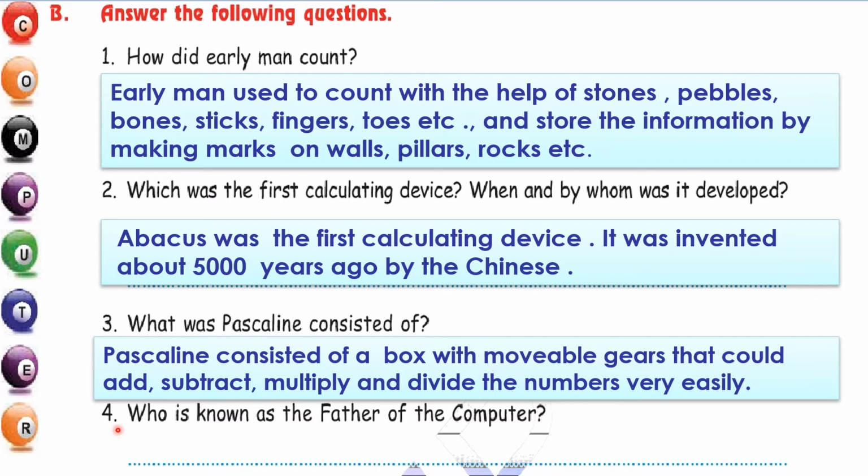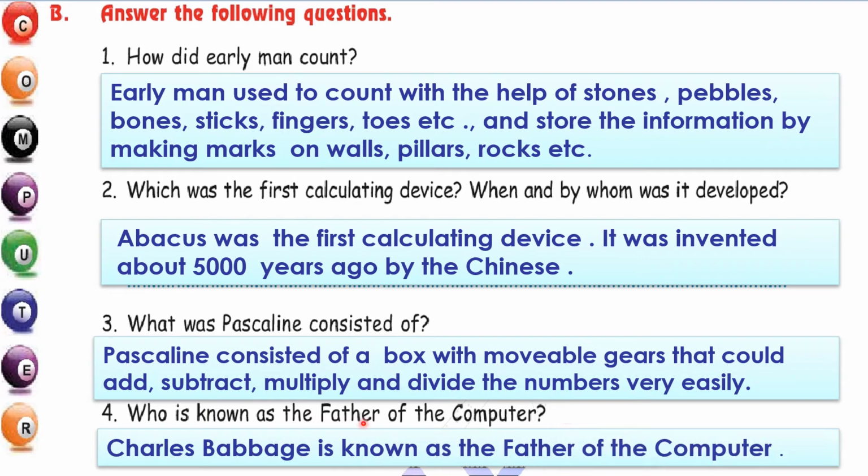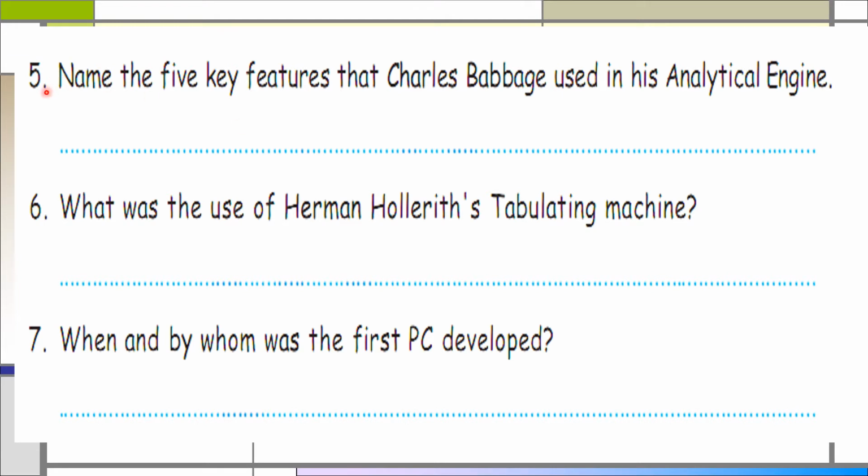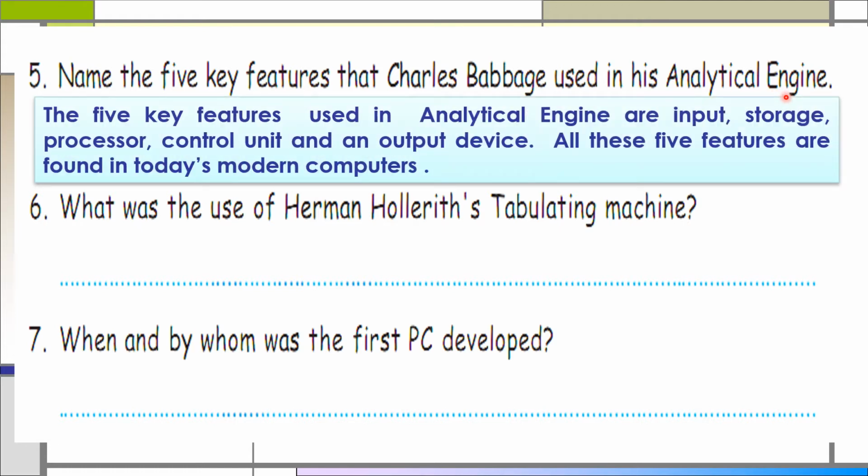Number 4. Who is known as the father of the computer? Charles Babbage is known as the father of the computer. Number 5. Name the 5 key features that Charles Babbage used in his analytical engine.